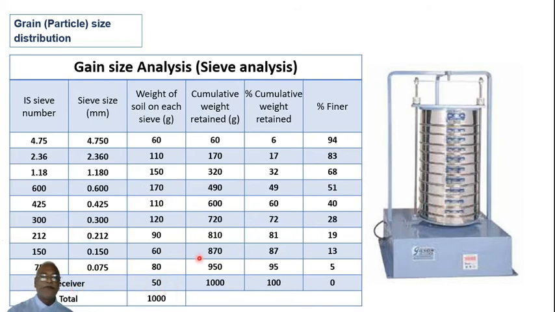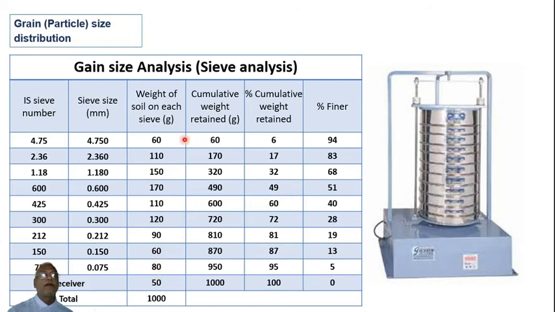It means 50 grams of soil is passing through 75 microns. The total is 1000 grams. For example, 150 grams is passing through 2.36 but not passing through 1.18, so this 150 is in between 2.36 and 1.18. Likewise for all these masses.